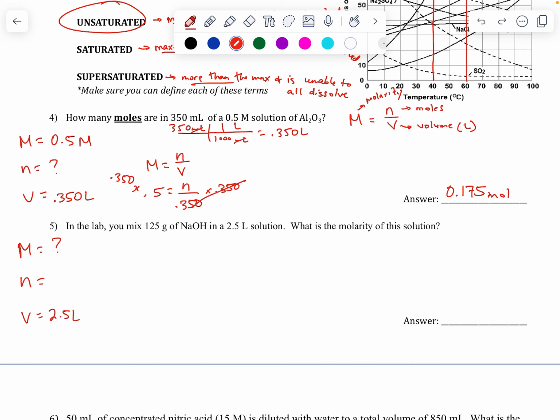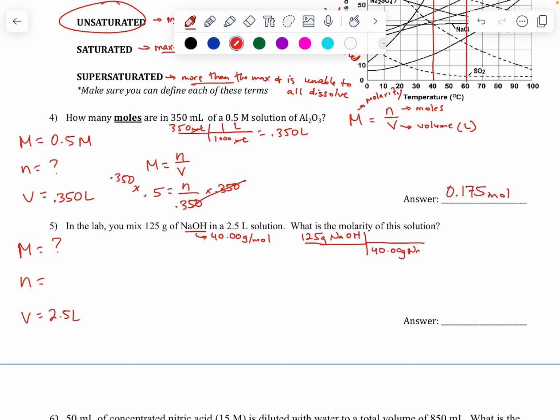So you guessed it, you're going to have to find the molar mass of sodium hydroxide, which is 40 grams per mole, and use that to convert 125 grams of sodium hydroxide to however many moles that would be equal to.